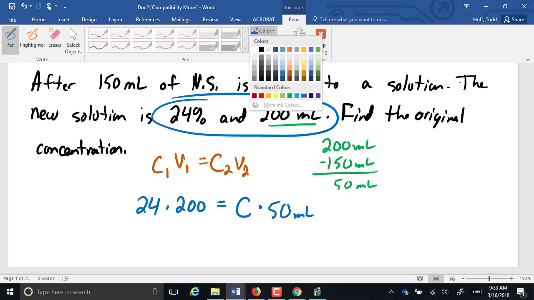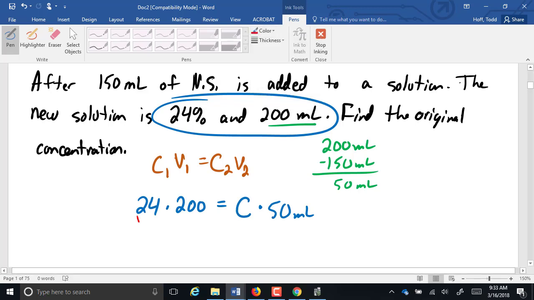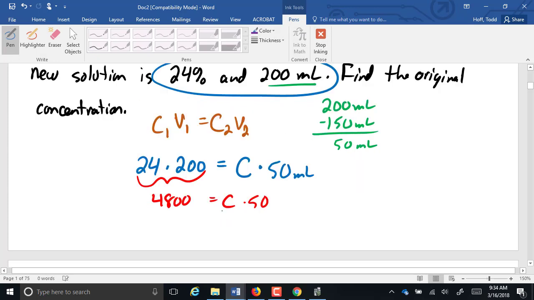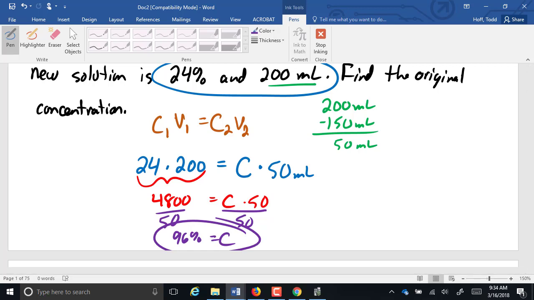We will multiply 24 times 200, which is 4,800, and then we'll divide by the 50. Get 96%. So that old concentration was 96% before we diluted it down.